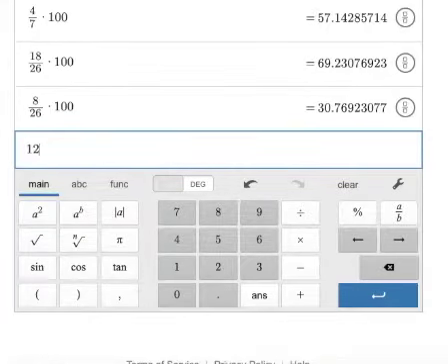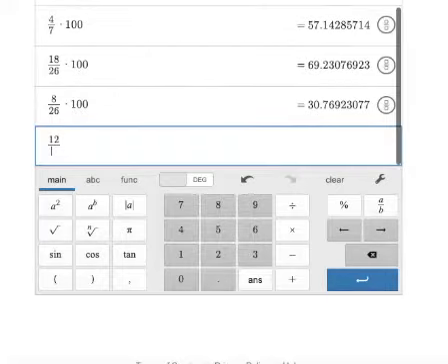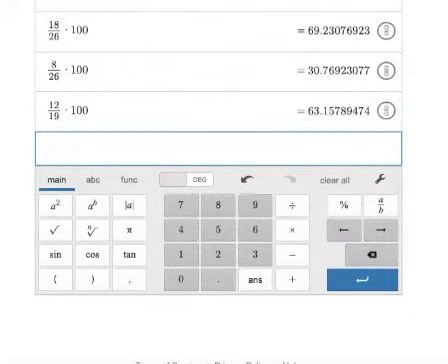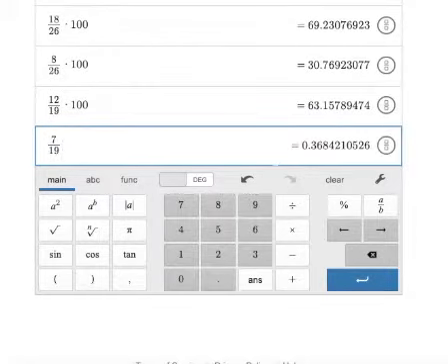So 12 out of 19 and 7 out of 19. Okay, so 69, 31, 63, 37.